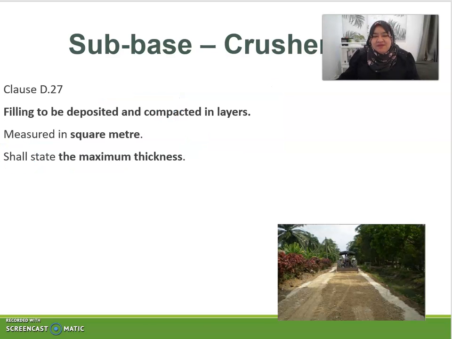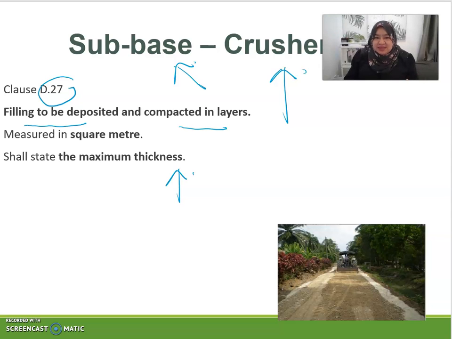Then you have another item for filling in crusher run for the subbase. The clause you should also refer to is D.27, and for filling to be deposited and compacted in layers, it should be mentioned clearly how many layers are expected and the thickness of the crusher run compacted layers.